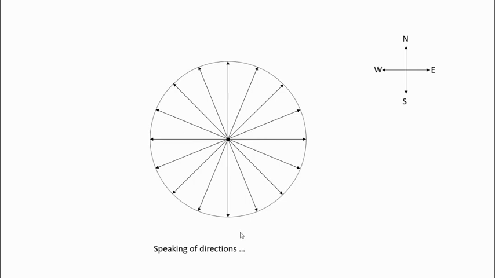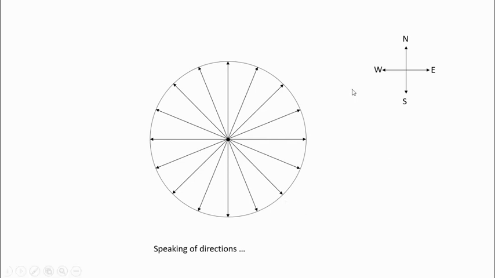Speaking of directions, how do we specify the direction of a vector? Most times we don't have a problem representing the size of the vector. The length of the line can be measured or calculated, and that gives us the size of the vector. But how do we indicate the direction of the vector?